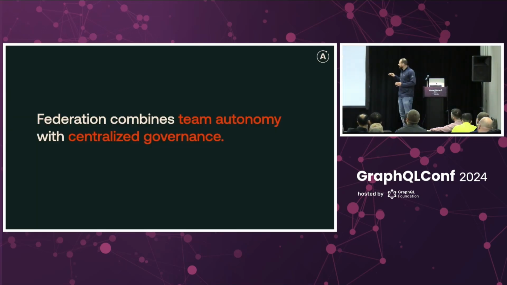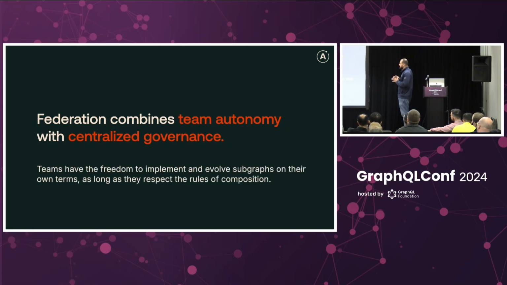In this way, you might say that federation combines team autonomy with centralized governance. As a team, you're responsible for one or more subgraphs, but you have complete freedom in how you implement those subgraphs and how you evolve them, as long as you respect the rules of composition, as long as your subgraphs fit in the rest of the graph.